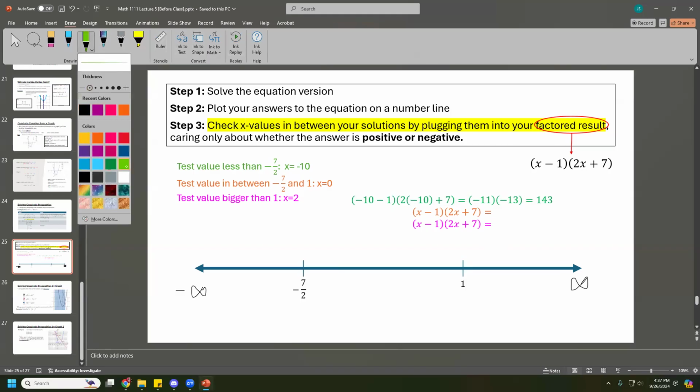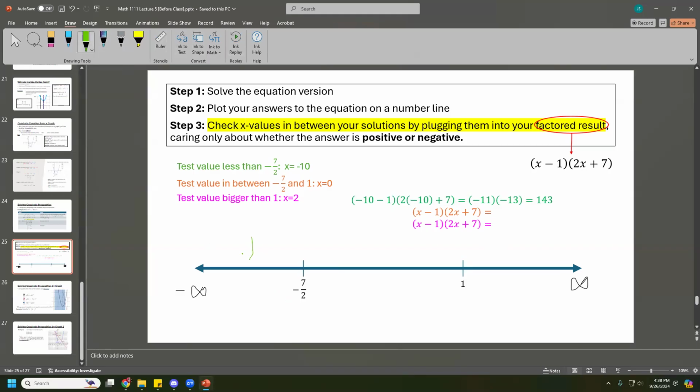I don't necessarily care that the number is 143. I just care that 143 is a positive number. So I know for x values that are between this number and this number, or between -3.5 and -infinity, my function is positive.